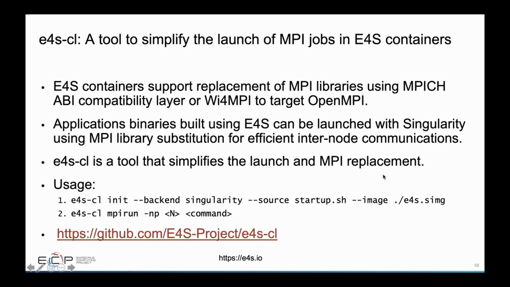Now, with this, there's an important issue about MPI. Internode parallelism is dominated by MPI runtimes, whether you have MPICH or you have OpenMPI, and you may be using a container.